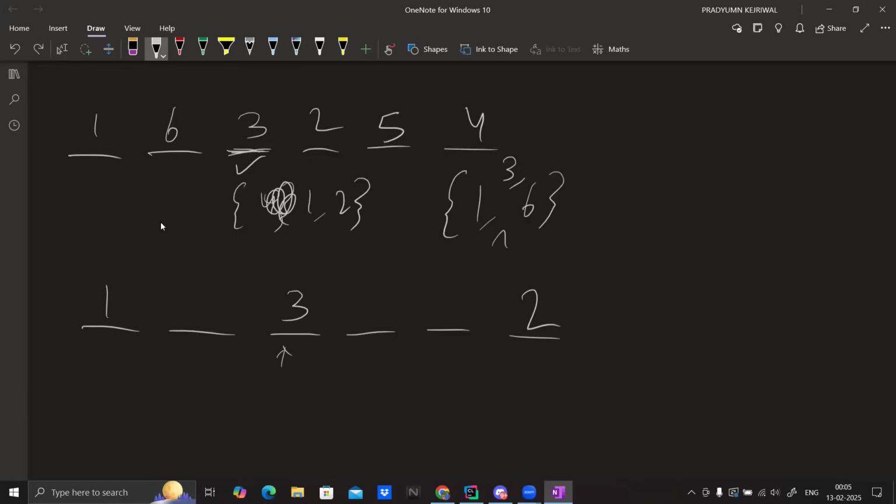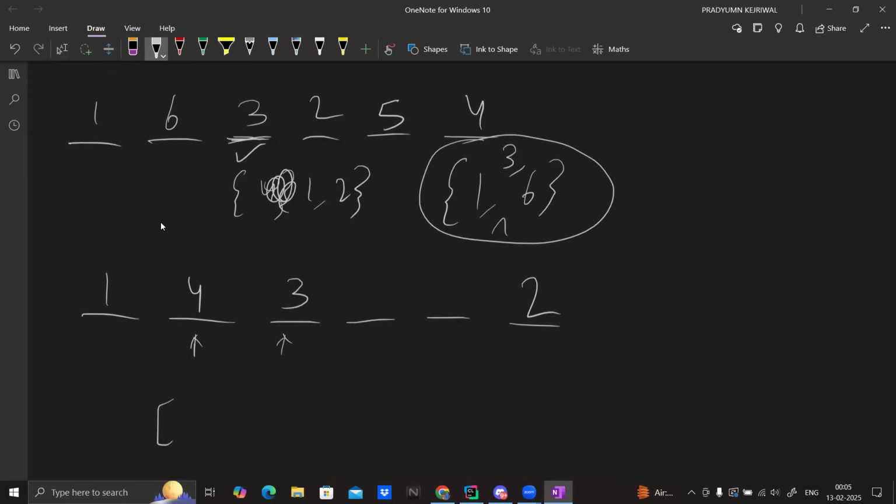Now 4 comes and 4 sits here, right? First of all, I'll check which segment 4 sat in. Using this set, I found out that 4 sat in the segment 1 comma 3.